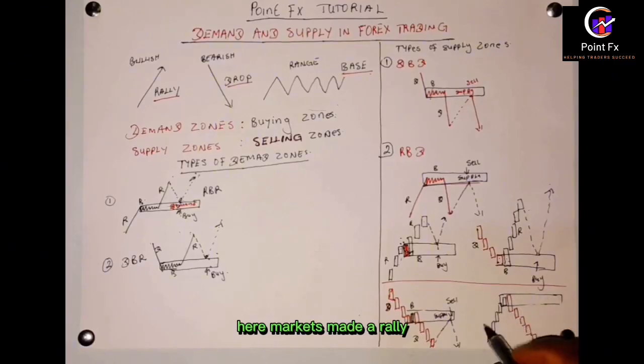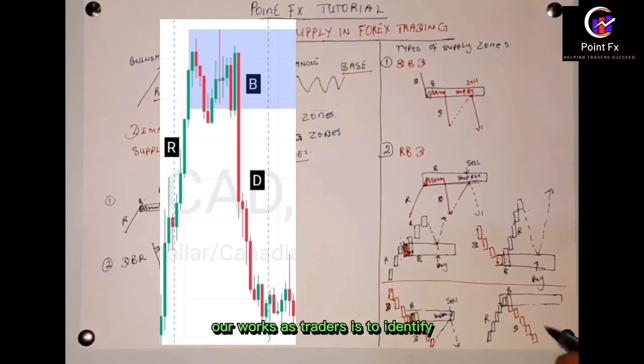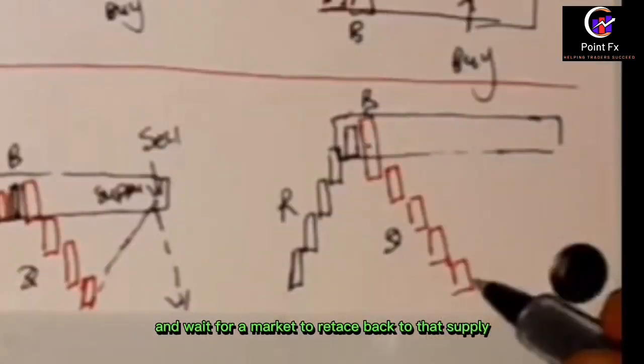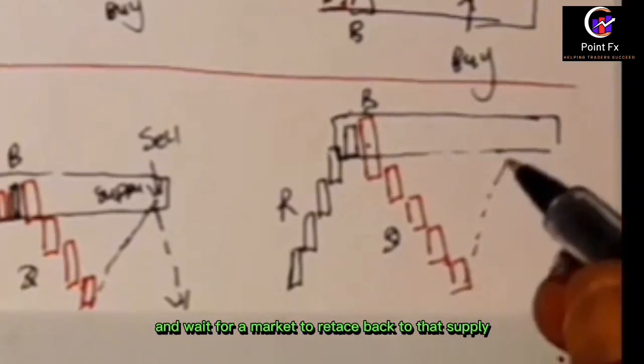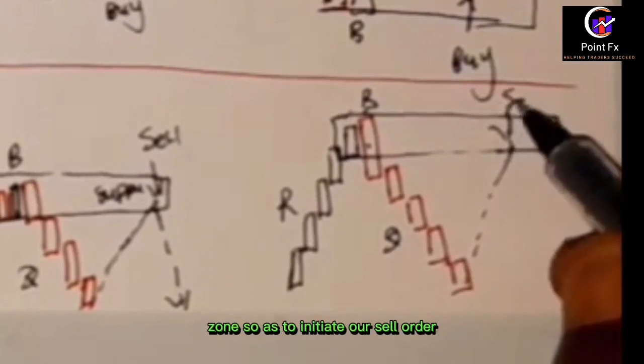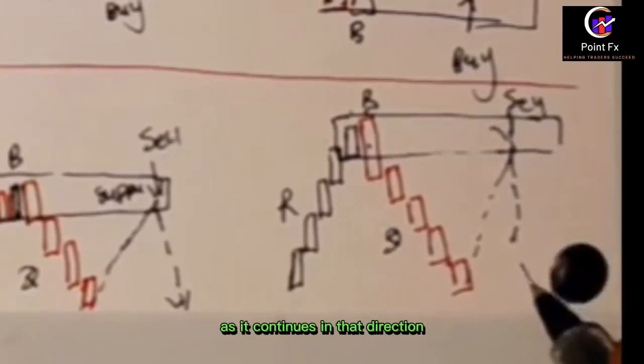Here, the market made a rally, base, and a drop. Our work as traders is to identify this particular base, which is the engulfing candle, and wait for the market to retrace back to that supply zone, so as to initiate our sell order in order to make money from the market as it continues in that direction.